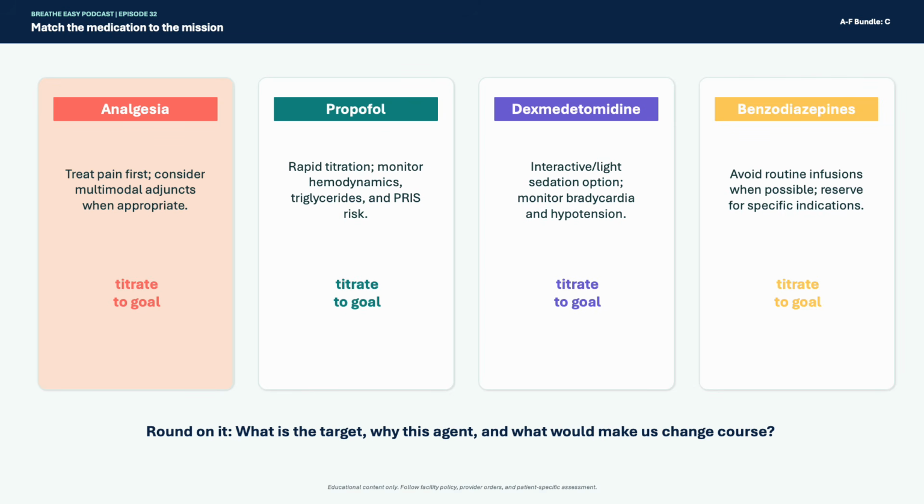Benzos, avoid routine infusions when you can. PADIS suggests propofol and Precedex over benzos, and the 2025 update leans to Precedex when light sedation or delirium reduction is the priority. Three questions for rounds. What is the target? Why this agent? And what can make us change the course?